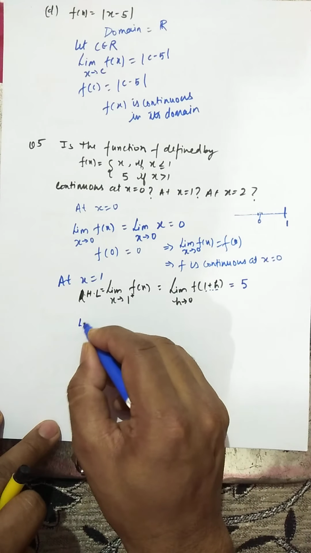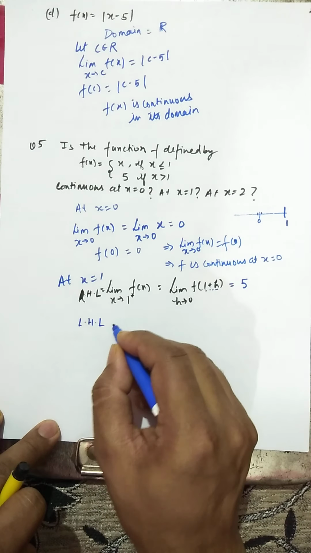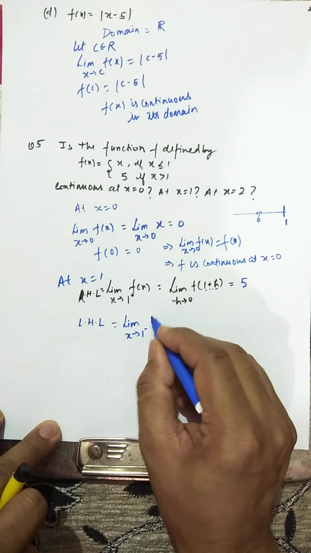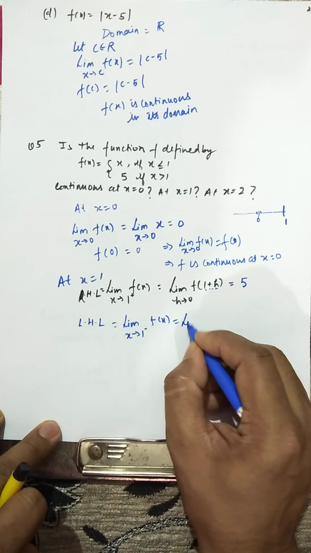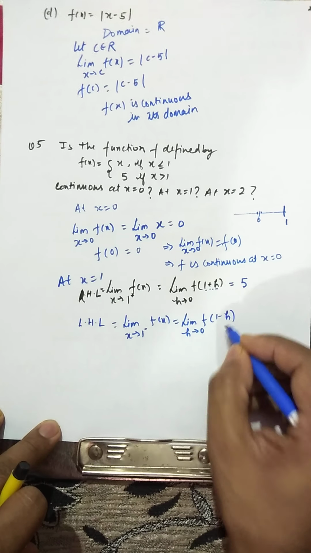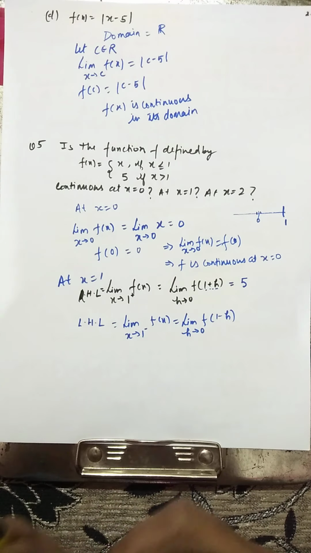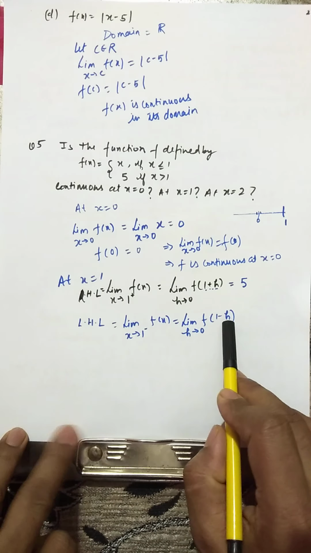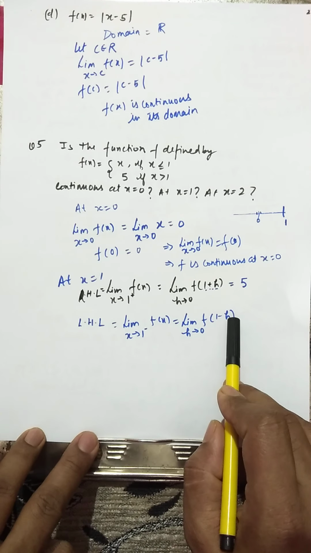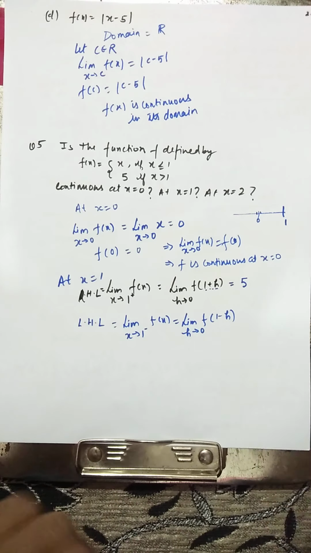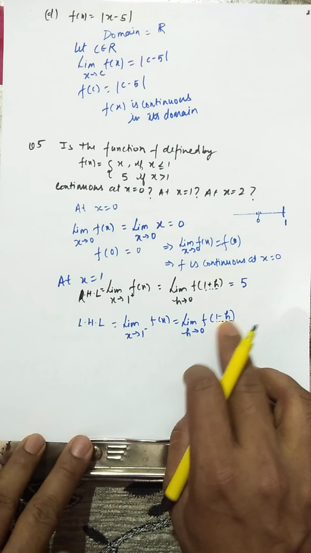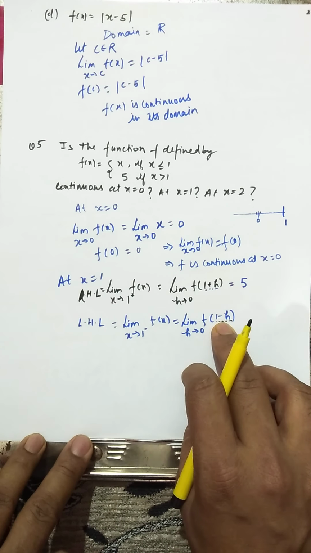Now come to left hand limit. This means limit x tends to 1 minus f(x), which can be written as limit h tends to 0, f(1 minus h). Here h is a very small positive value. So you consider 1 minus h as x.